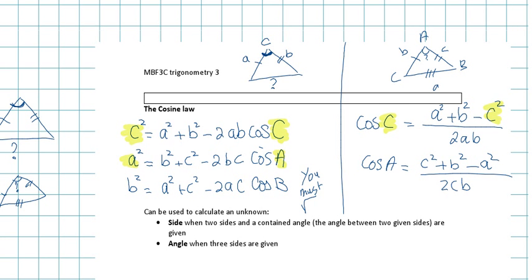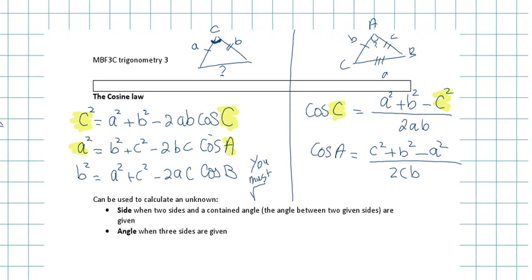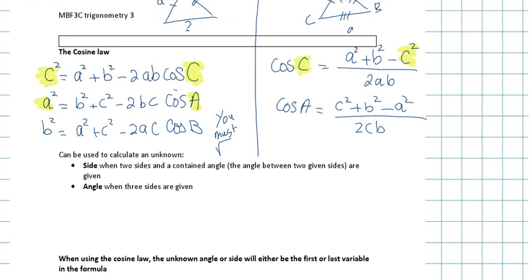And then if you're looking for cos B, for angle B, it's going to be A squared plus C squared minus B squared over 2AC.